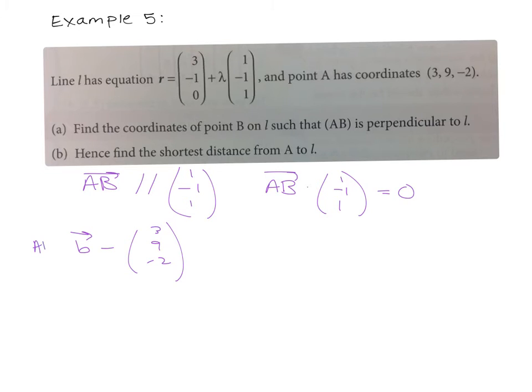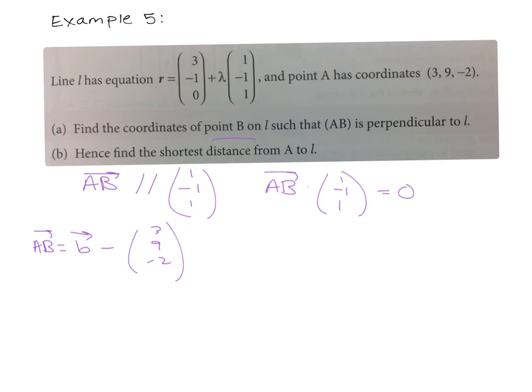So that would give us vector AB. Now we don't know position vector B because we don't know the point B, so that's what we're trying to find. We do know that point B must be on the line.